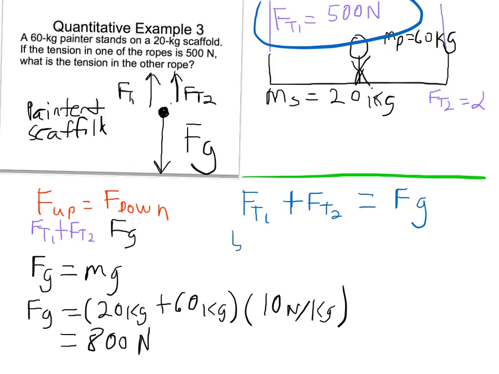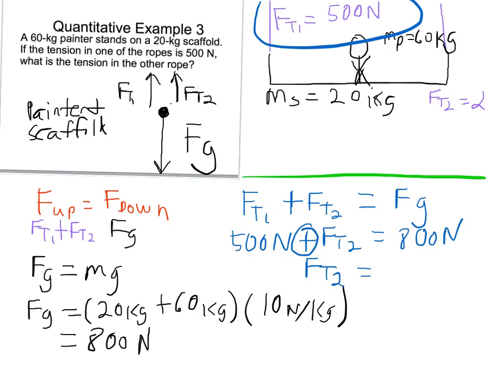So let's put that in. 500 newtons plus FT2 equals 800 newtons. If I solve this for FT2, move the 500 over, let me slow down. When I say move the 500 over, I do that by subtracting 500 from both sides, because here on the left it is added. So when I subtract 500 from both sides, I get FT2 is 300 newtons, which is the answer to my question.